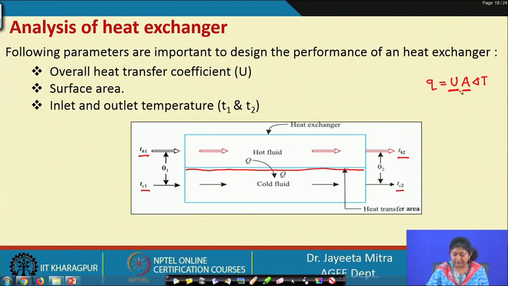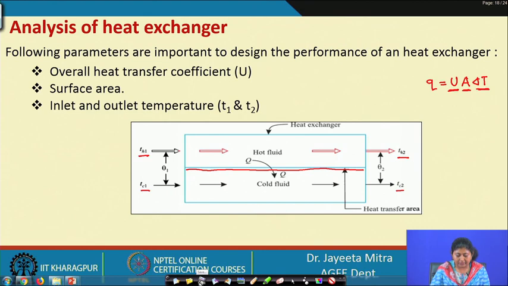If A changes, and U is constant, then delta T will also vary. So, that is why this is a very important parameter.